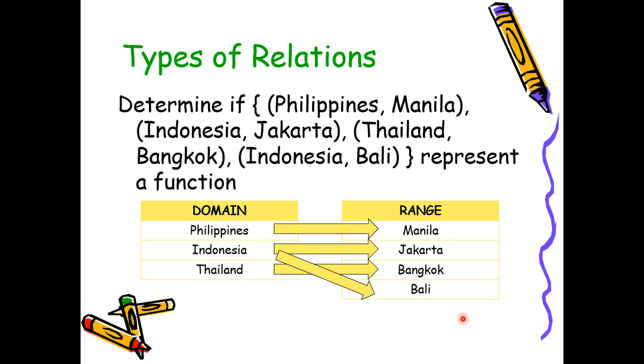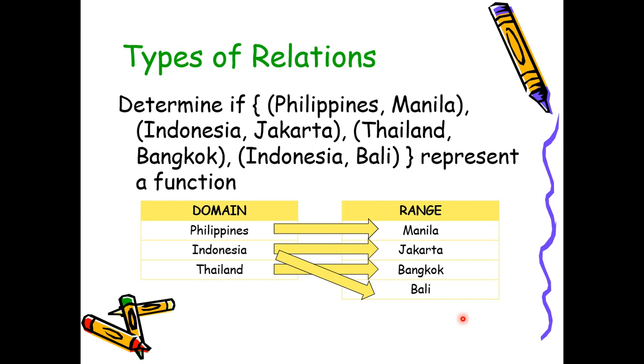Okay. Sabi ni Miss Banaag, this is one to many. Okay. Paano mo anak na sabing one to many? Po yung sa domain po, isa lang. Dalawa po yung range. Okay, perfect.